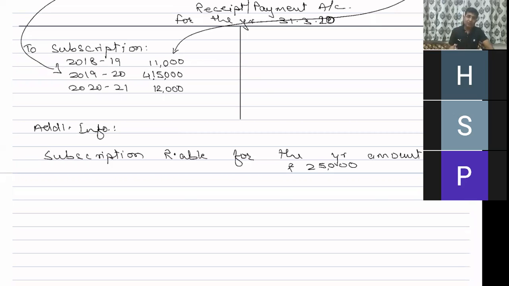In my amount received during the year, that is 4,15,000, I'm neither having the amount of preceding financial year, which is pre-received at the beginning, nor I'm having the amount receivable at the end of the current year, that is the income of the current year, but not yet received. So these both amounts will be appearing where?